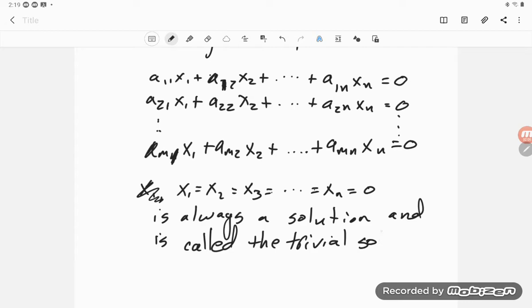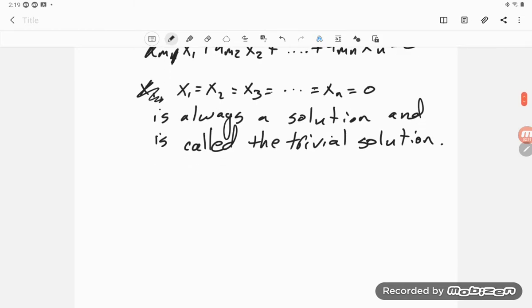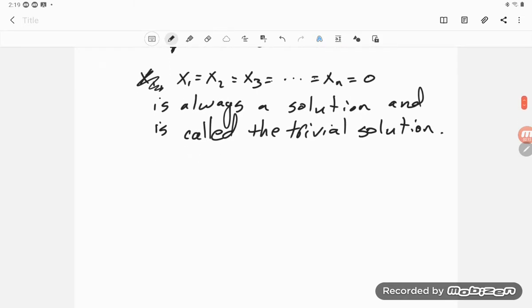So, if I see the right-hand side is always zeros, then I know there's at least one solution, a trivial solution.